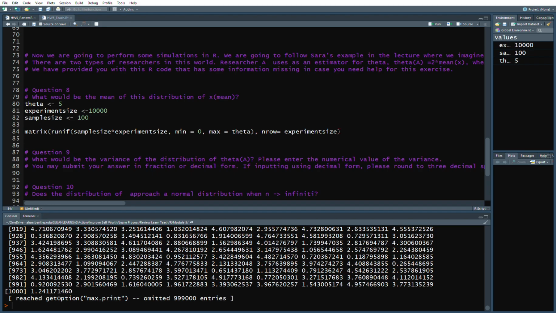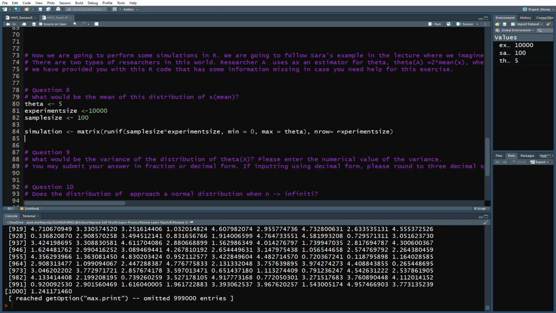We will store this matrix under the name simulation. Each row is an observation of length sample size.